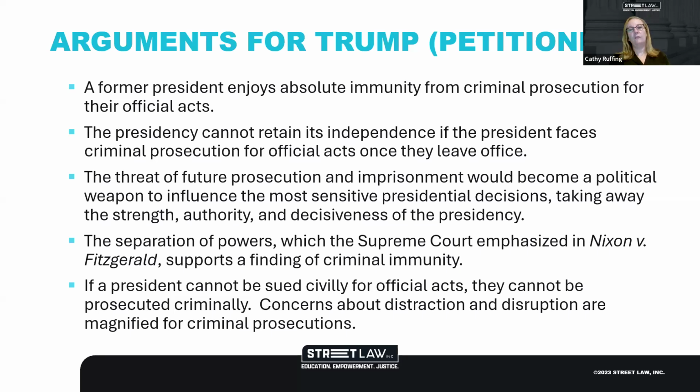And I'll mention that if you're looking at the case summary where we took these arguments from, we write those case summaries from the arguments made by the parties. So it's not our idea of what each side should have argued, and we try to include not all, because we need to pare it down for a high school classroom, but the arguments that they're devoting a lot of time to, making the biggest points about.